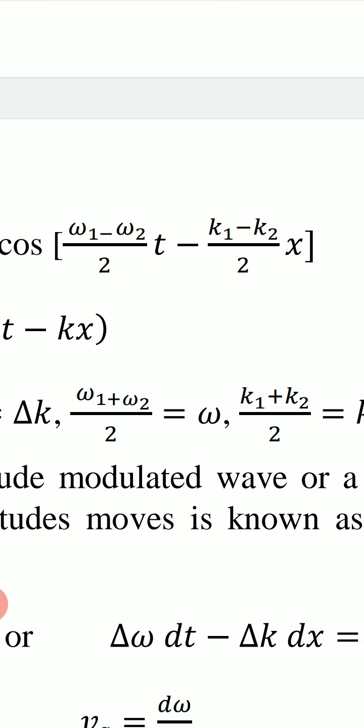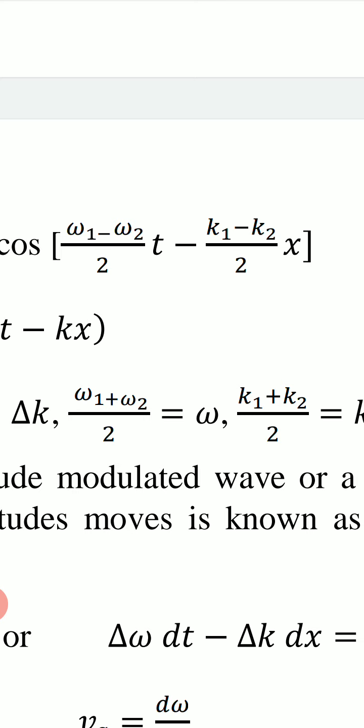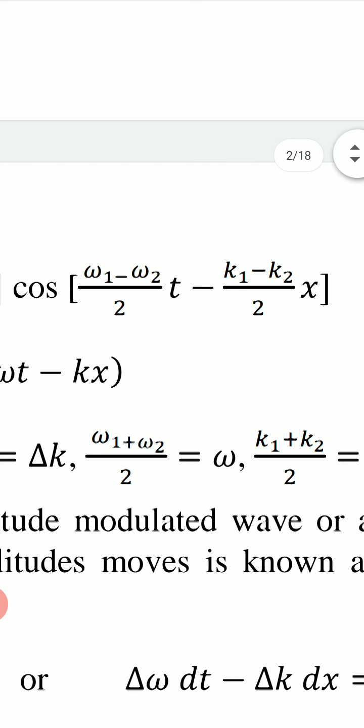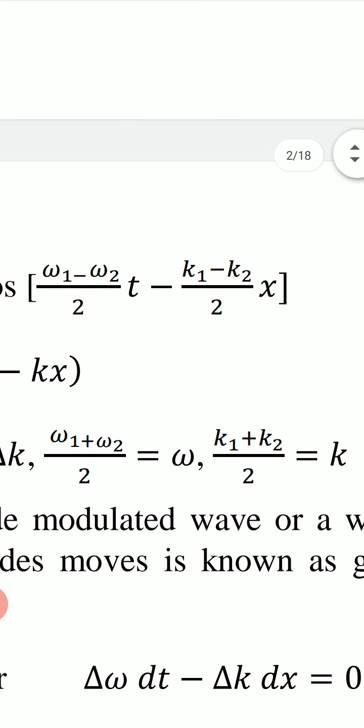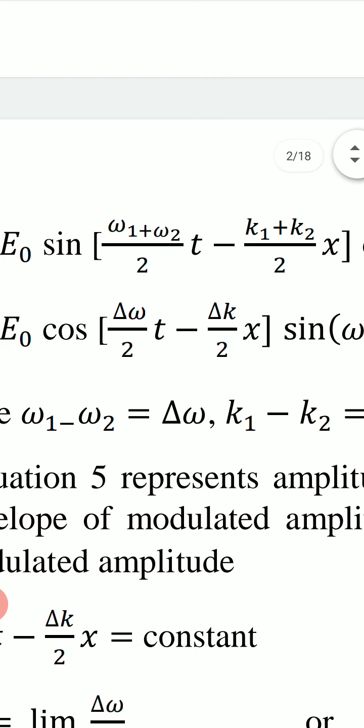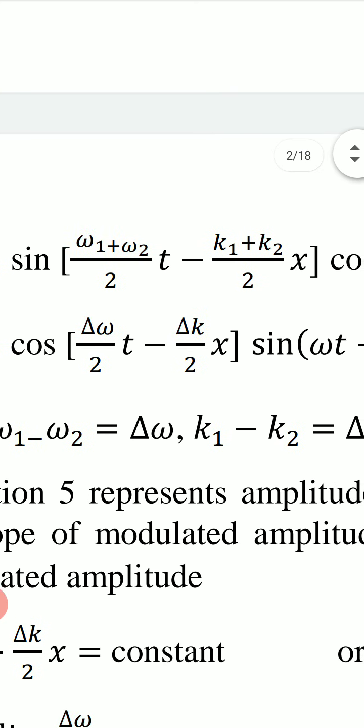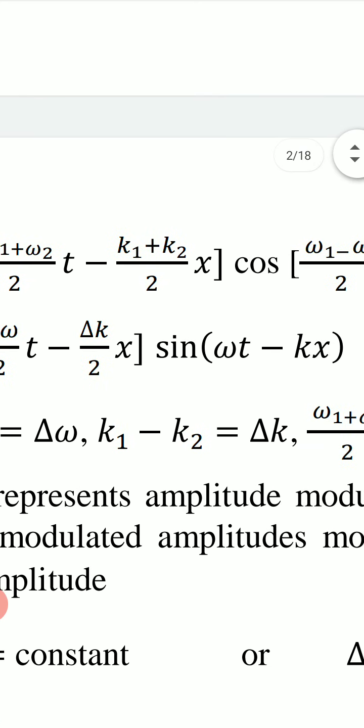It is the difference of omega 1 and omega 2. And delta k is written for k1 minus k2. It is the difference of k1 and k2. So this term cos((omega 1 minus omega 2) t/2 minus (k1 minus k2) x/2), we write it as cos(delta omega t/2 minus delta k x/2).